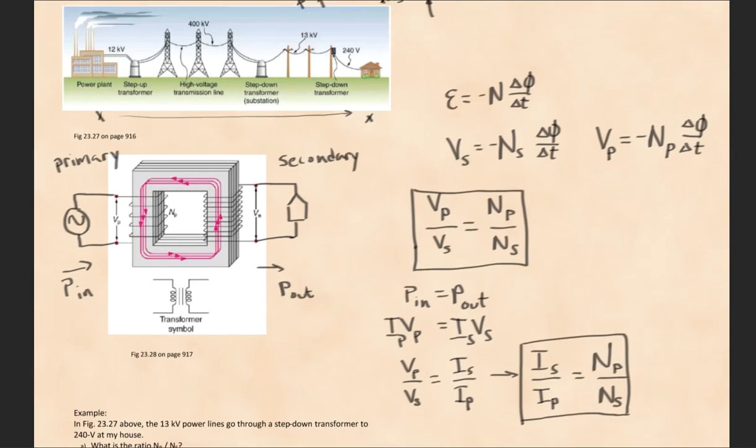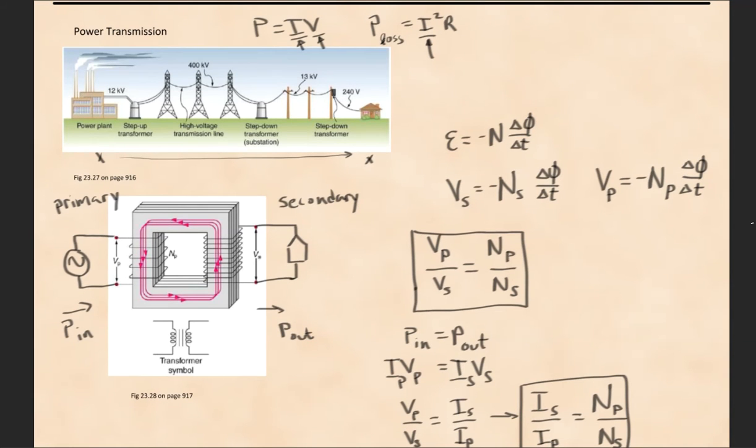Going back to the initial problem of power transmission, how does this help us? Well, this shows me that it's the power that's constant. So in a transformer, I can change from one side to the other the voltage and the current.